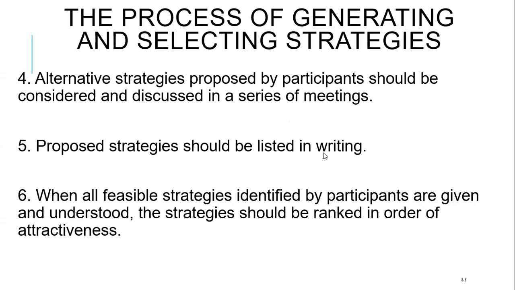Fourthly, it is also expected that alternative strategies that are proposed by the participants, including the managers and employees that have been engaged, should be considered and discussed in a series of meetings.